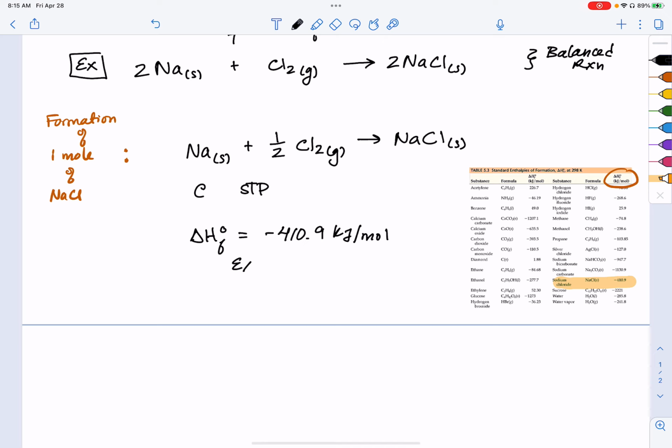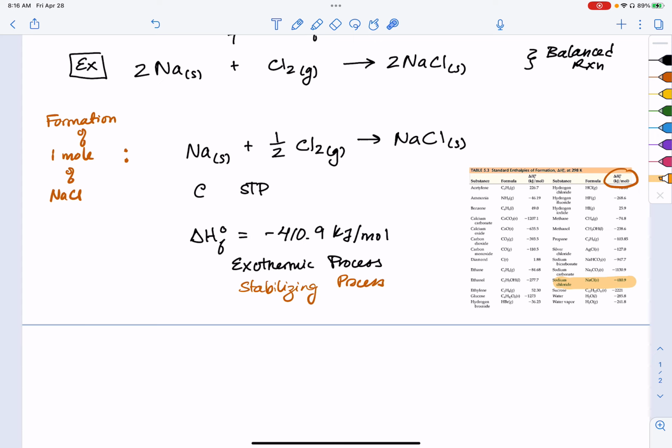And this is ultimately an exothermic process, meaning that the formation of sodium chloride solid from its constituent elements is one that releases heat, meaning that energy is transferred out of the system. So I like to think about this as being a stabilizing process.